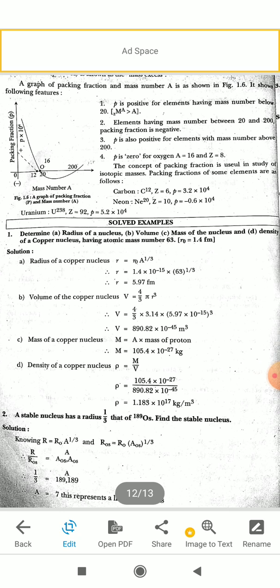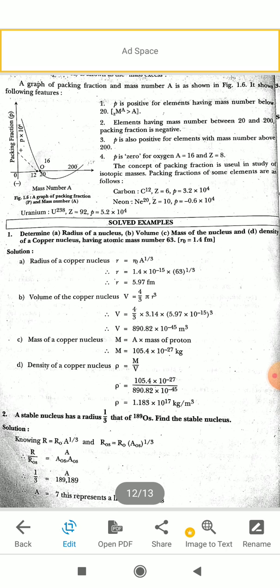Similarly, we can find another example. A stable nucleus has radius 1/3 times that of the osmium 189 nucleus. So find the stable nucleus.